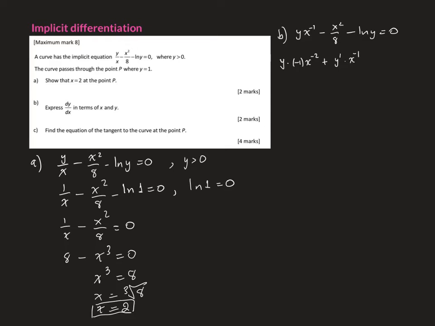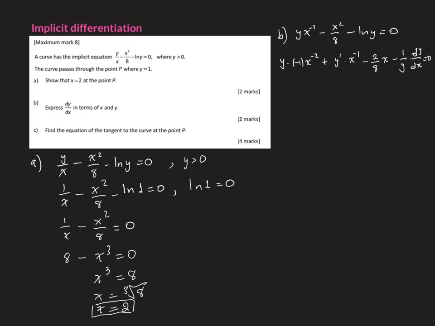Now the second term is minus 2 over 8 x to the power 1, and the derivative of natural logarithm of y is going to be 1 over y times the derivative with respect to x of y, and this is all equal to 0.